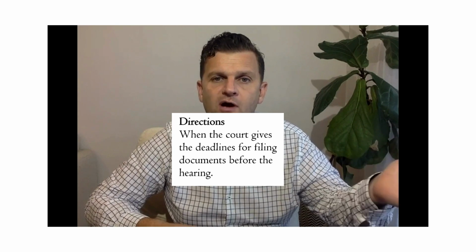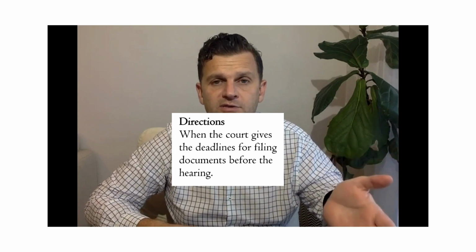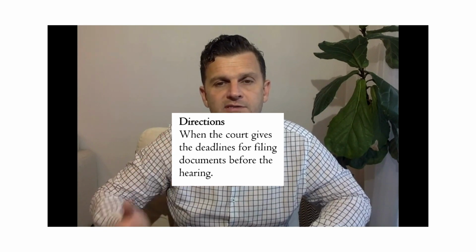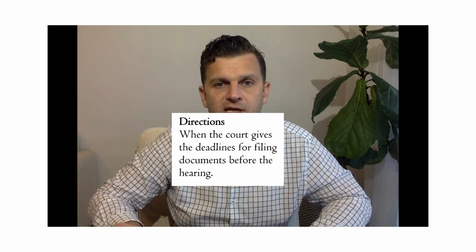Directions are where the magistrate says the applicant must have their evidence filed in the court by a certain date. Then the respondent must have the respondent's evidence filed in the court by a certain date. And any subpoenas must be applied for by a certain date. And then the matter will come back to court for a review mention, and then a hearing date is assigned.